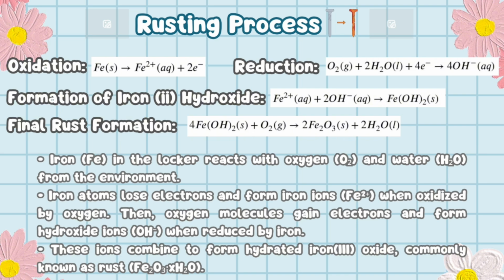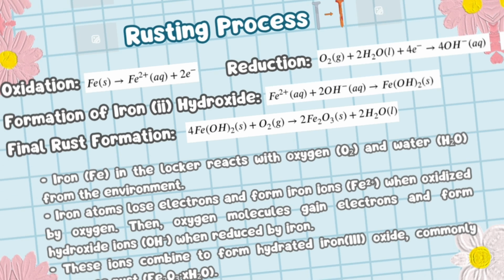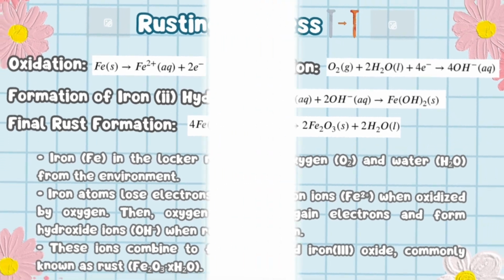Then these ions combine to form hydrated iron(III) oxide, commonly known as rust. This shows that iron is undergoing oxidation while oxygen is undergoing reduction. So this is how the lock gets rusted, and it is one of the redox reaction examples.